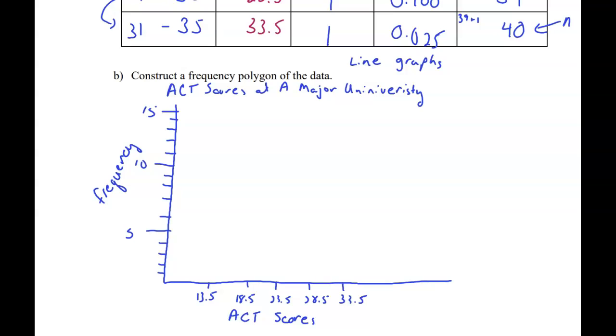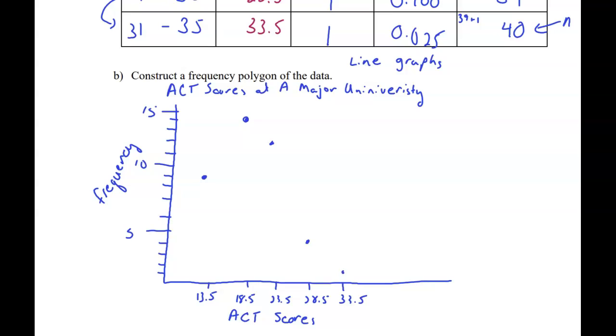So I'm just going to come up here and put a dot at 13.5 and 9. At 18.5 we had 14, so I'll put a dot here. And then at 23.5 we had 12. At 28.5 we had 4. And then at 33.5 we had 1.